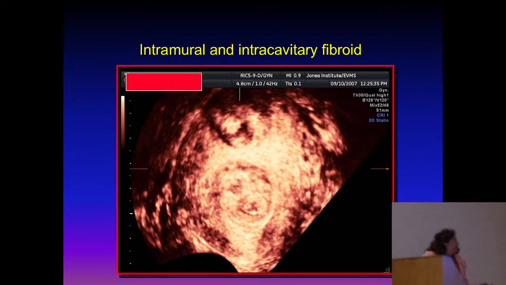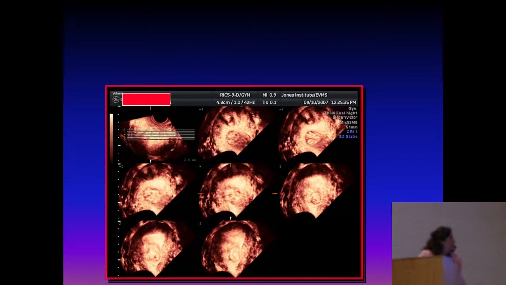But here you have an intramural fundal fibroid, and you have a fibroid that is submucosal, and then you can use the famous TUI to be able to see the extent of where the fibroid is, and here there's definitely a submucosal component to the fibroid.